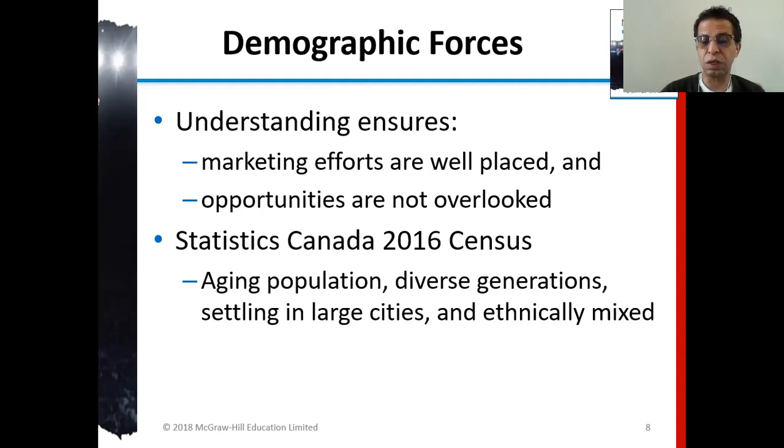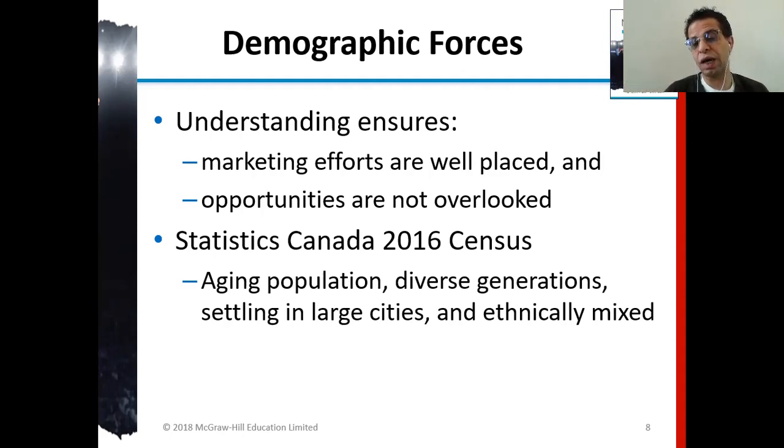So here what we're seeing in Canada, we look at the Canada Census, we're looking at the aging population, we look at diverse generations, we look at the settling in large cities, moving from small cities to larger cities.